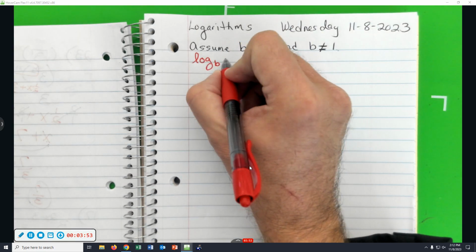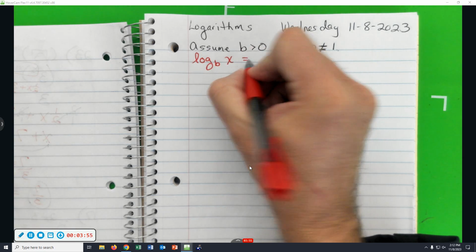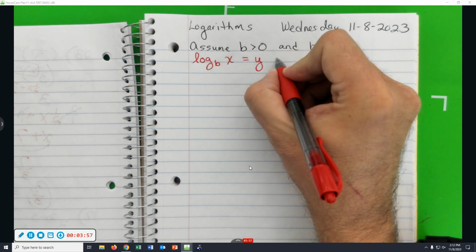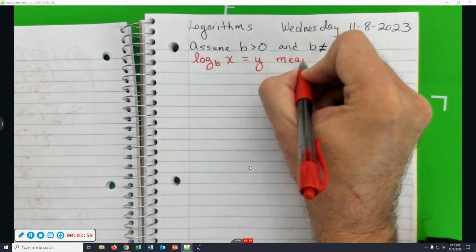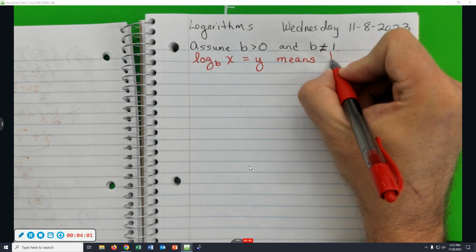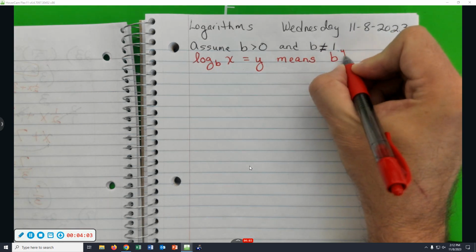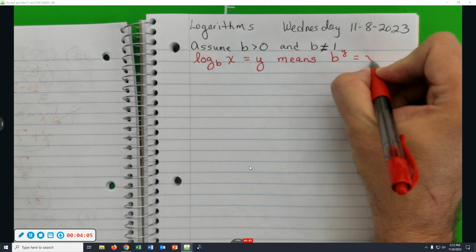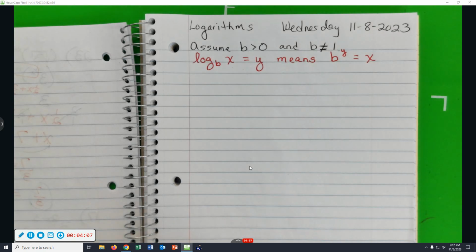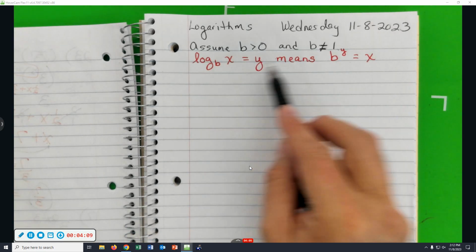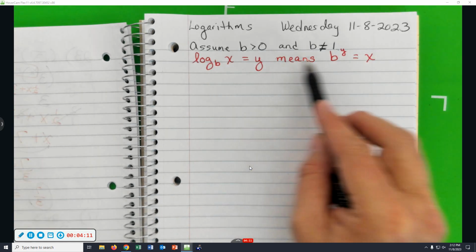Log base b of x equals some number y means b to the y power is x. These two are the same thing.